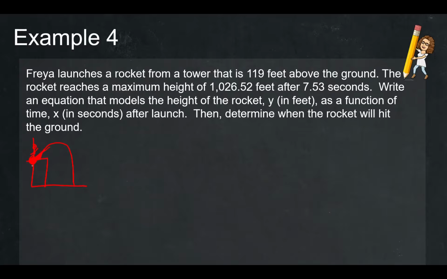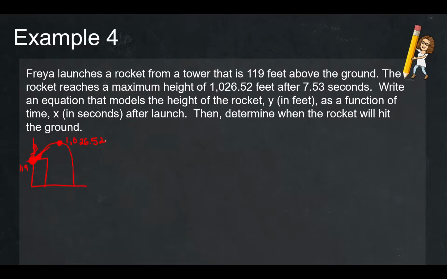And then we know that the maximum height, so right here, we know the maximum height was 1,026.52. So what I'm going to do is I'm going to make a little note. So this is 119 feet off the ground. This is 1,026.52 feet off the ground. And I know that the time it took was 7.53 seconds.